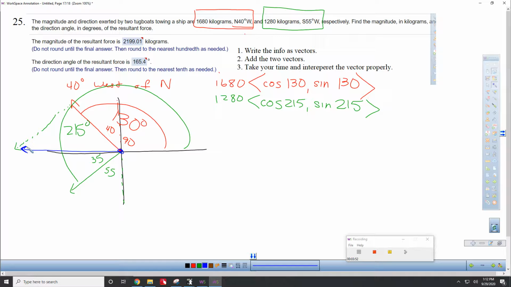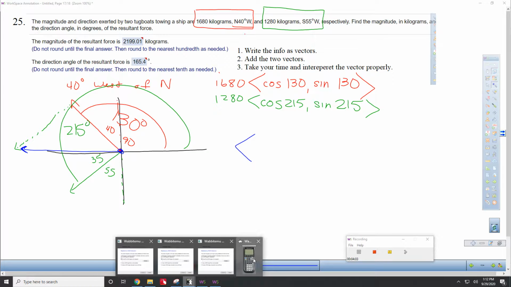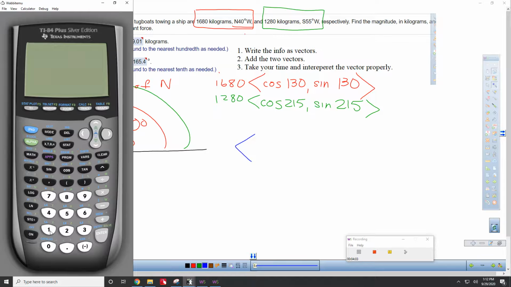Now, to get this blue vector, I'm going to do 1680. Let me make sure we're in degrees. We're not, so I always got to turn it back in degrees when I turn this thing on. It's very important.